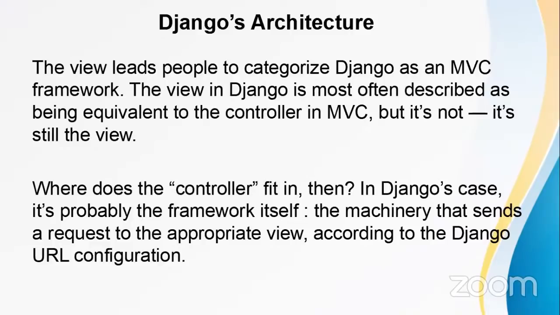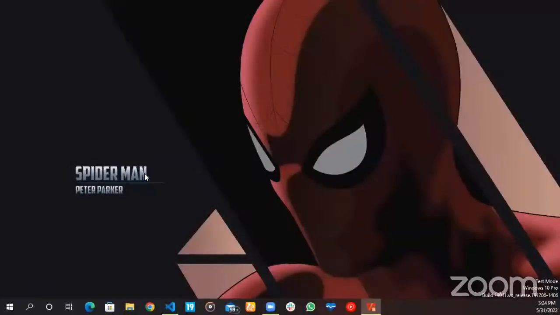To create a Django project, the first thing we'll need to do is to install Pip. So what is Pip? Pip is Python's package installer. It helps us install Python packages in our project or on our computer.